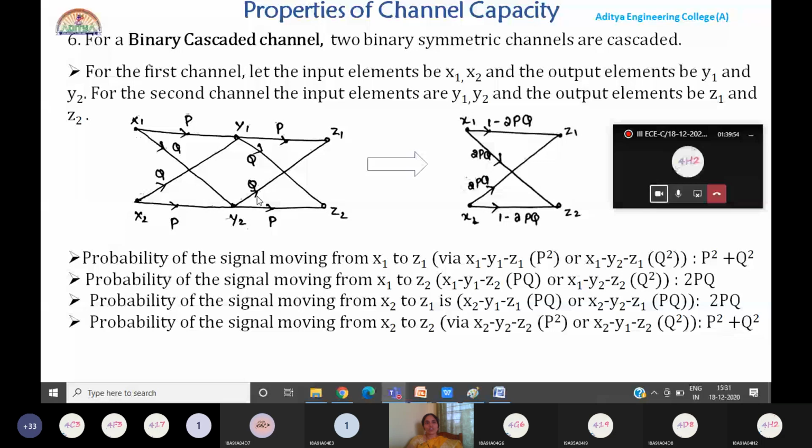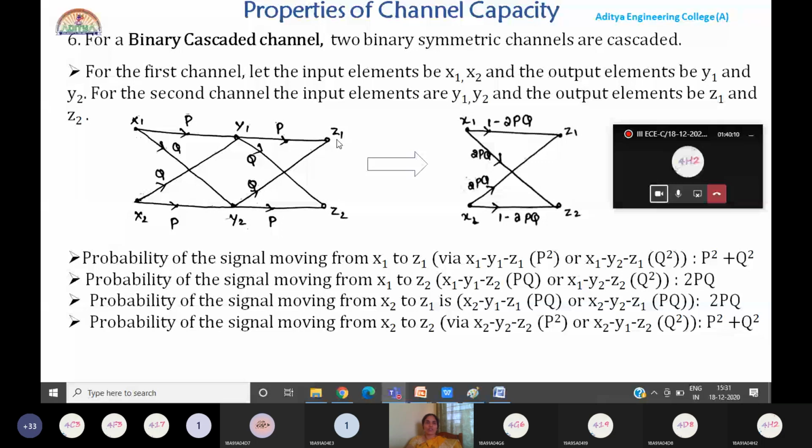Now I request any one of the students to tell me what are the possible paths to move from x1 to z1. Any one of you, please tell me. I want the probability from x1 to z1.